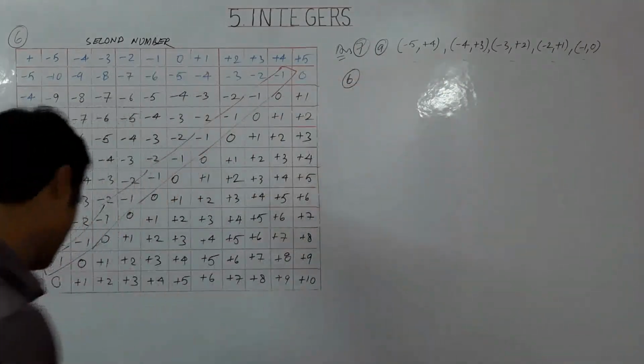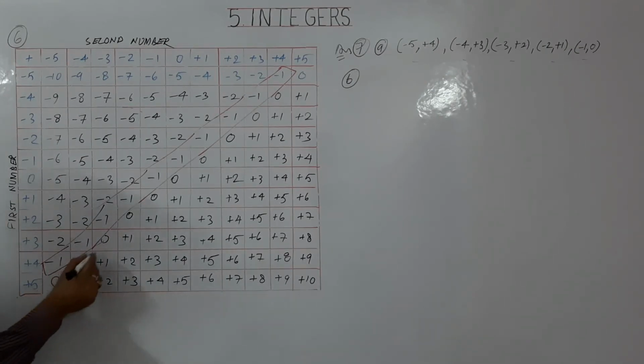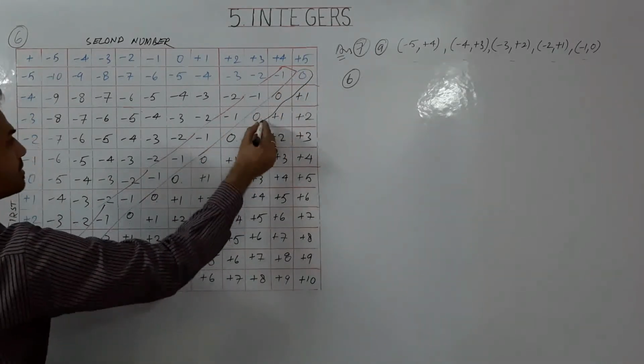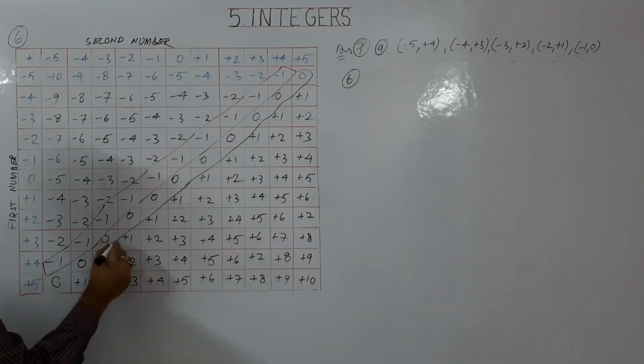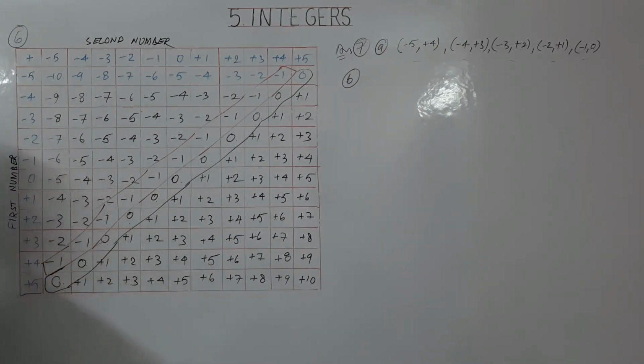Then part B, list pairs of integers whose sum is 0. So pairs of integers whose sum is 0. This is the diagonal.